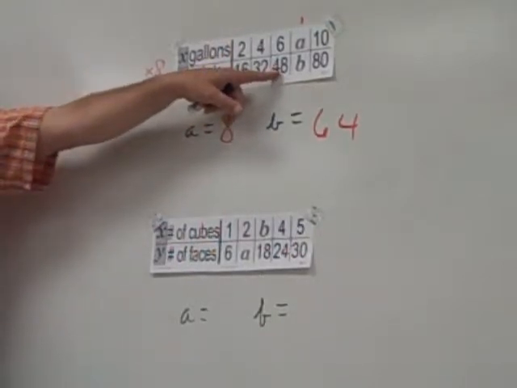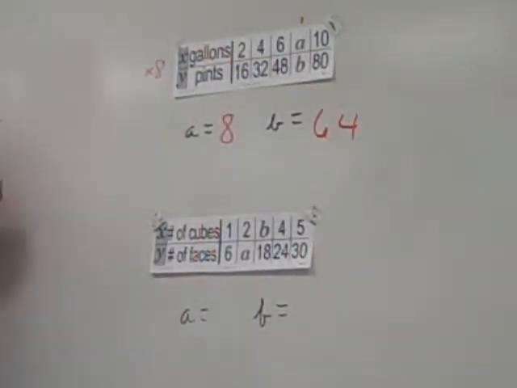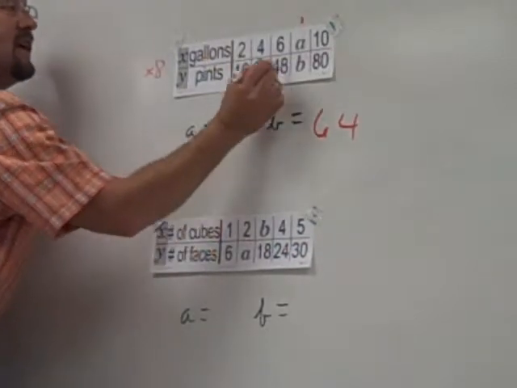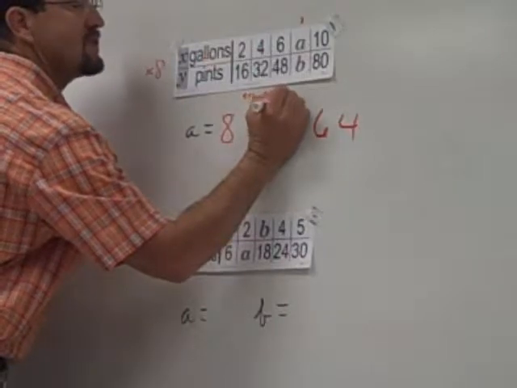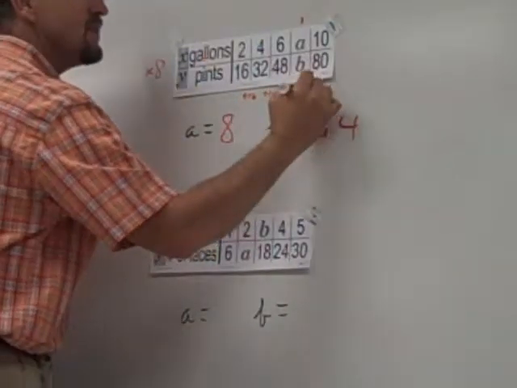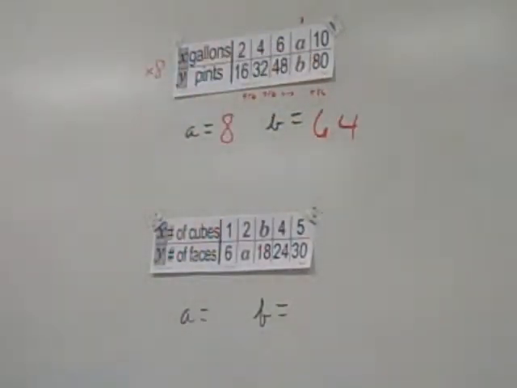Does it get 48? No. It's not times 2 then. It doesn't work all the way down. It looks like plus 16. Then if I plus 16 again, do I get 48? Is 48 plus 16 64? And is 64 plus 16 80? What y'all think? Good job, y'all. All right.